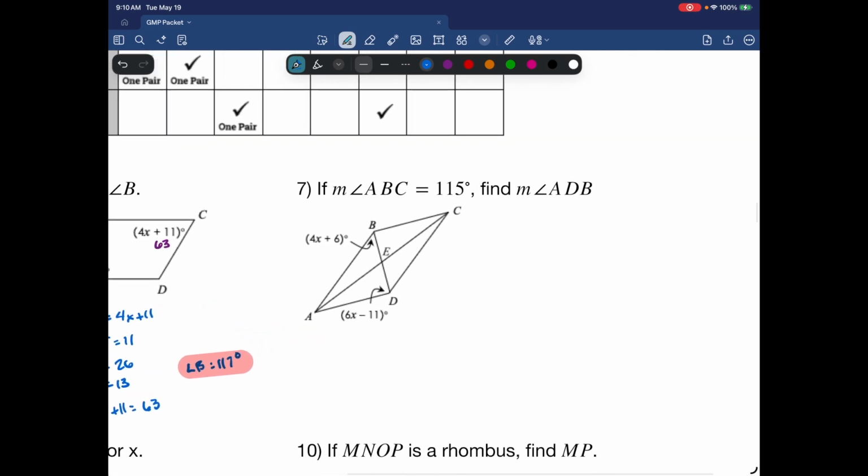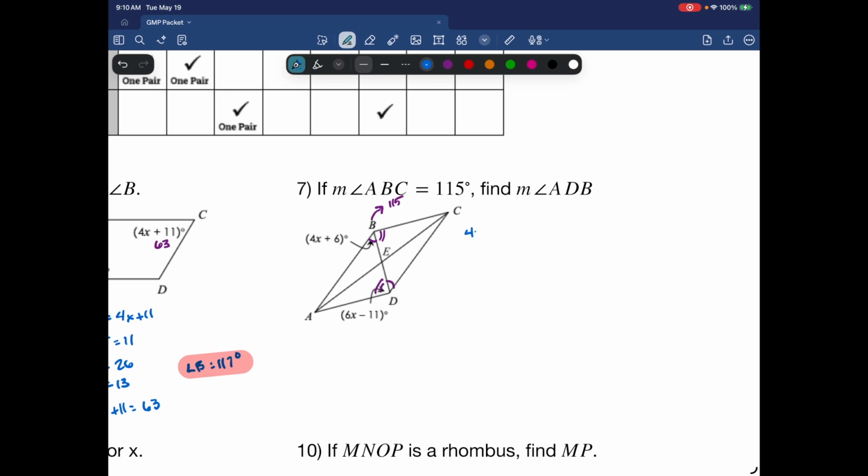All right, on 7, still dealing with parallelograms. This angle and this angle are the same. This angle and this angle are the same. If ABC, this entire angle up here, is 115, that means these two angles, the 4x plus 6 and the 6x minus 11, together are going to add to 115.